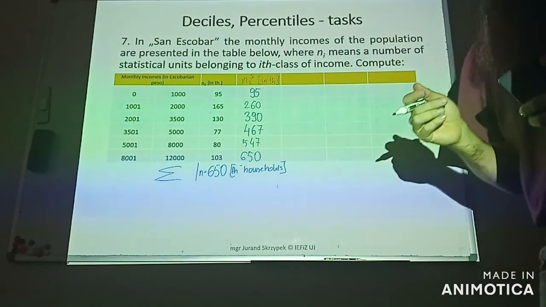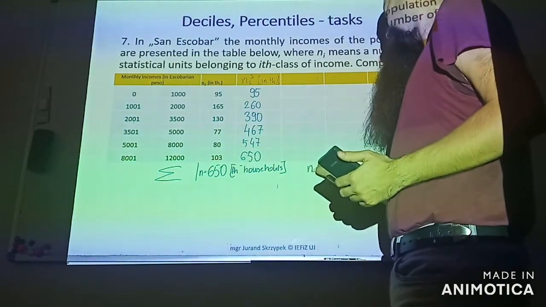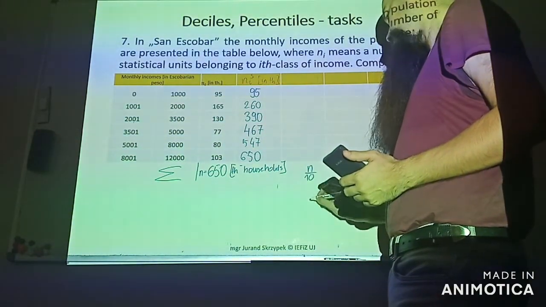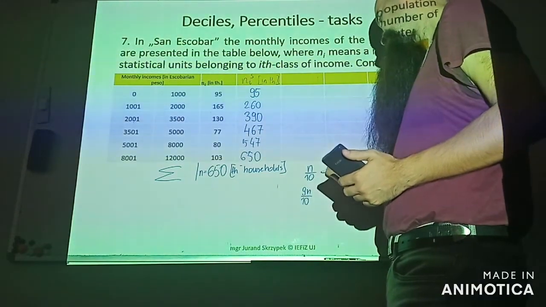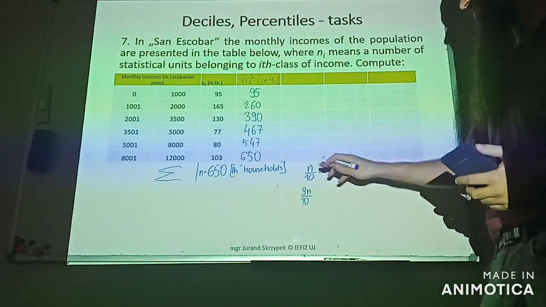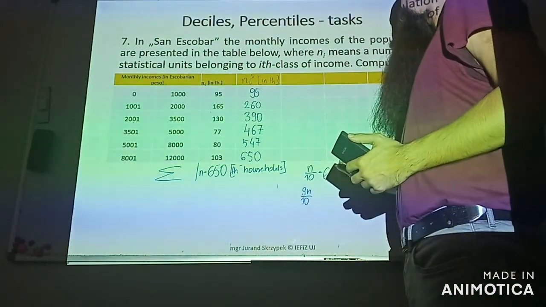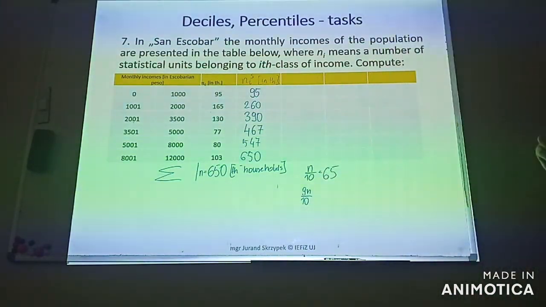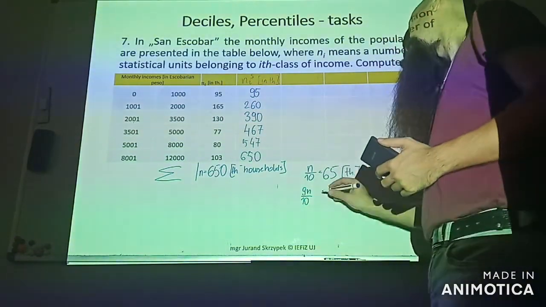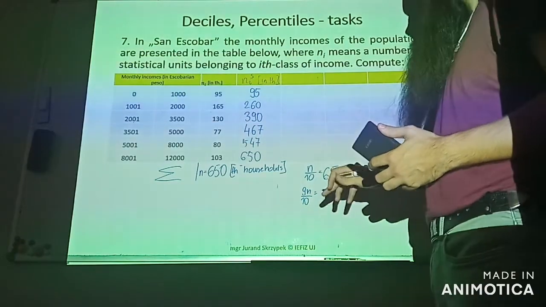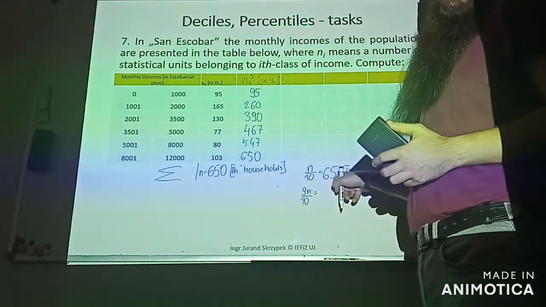We are looking for the first and the last decile. So we need 10% of the population and 90% of the population. First 10% of the population is of course 65,000. Yeah? 90% of the population is 650 minus 65.